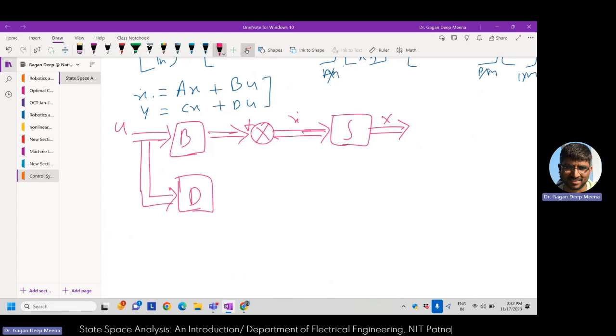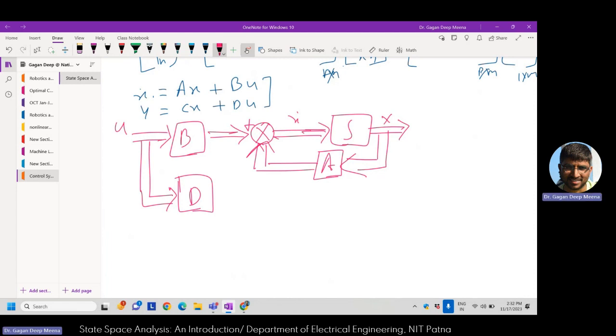Now x dot is equals to ax plus bu. So bu I have here, and x dot is here. If I add ax here, then this first equation is complete, right? So I'll add ax here in the feedback of this integrator, and this would take this kind of shape.